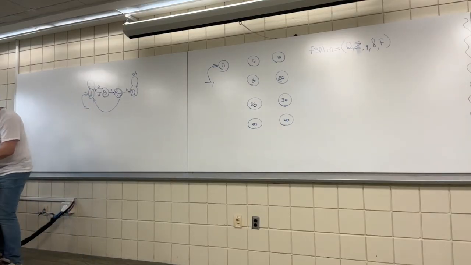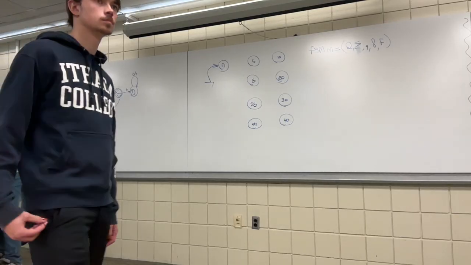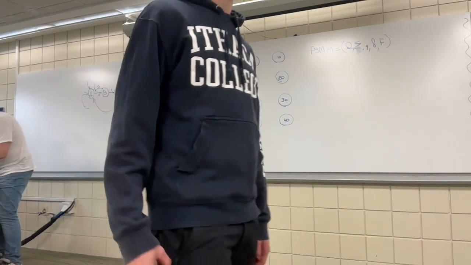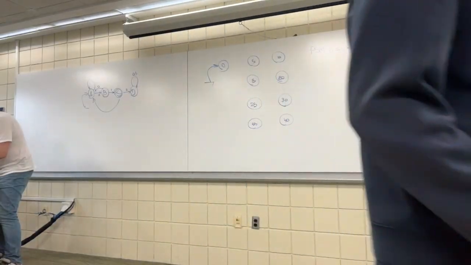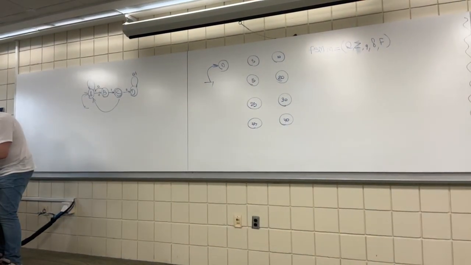And then you can have arrows on the side. Okay, so quarter, we could just do 25 and 25. And we go here. Or we could do plus 10, and then we got 35, and then we do another nickel.